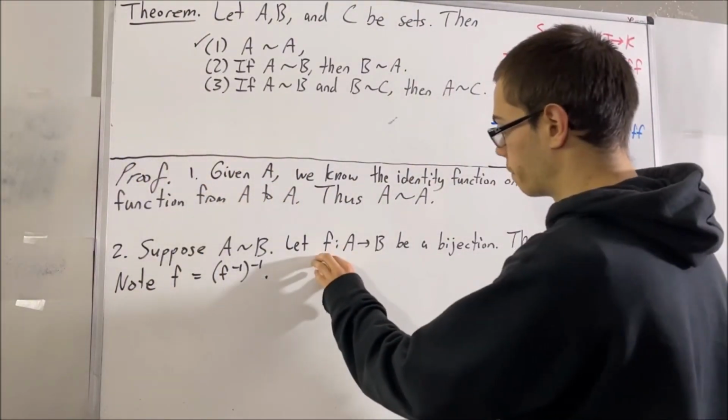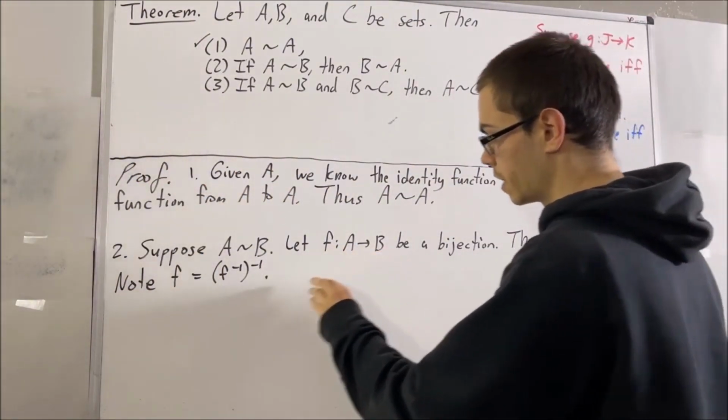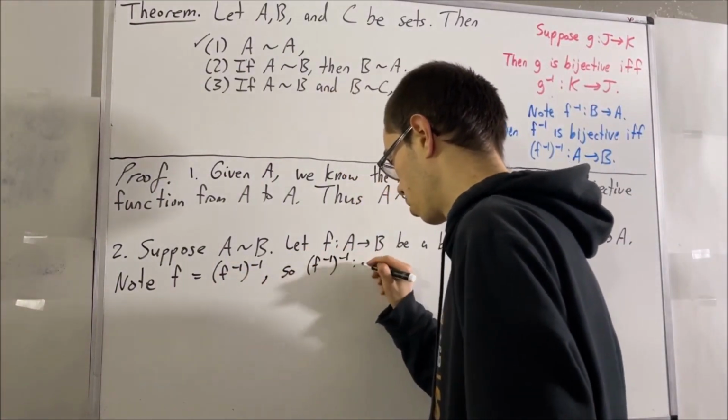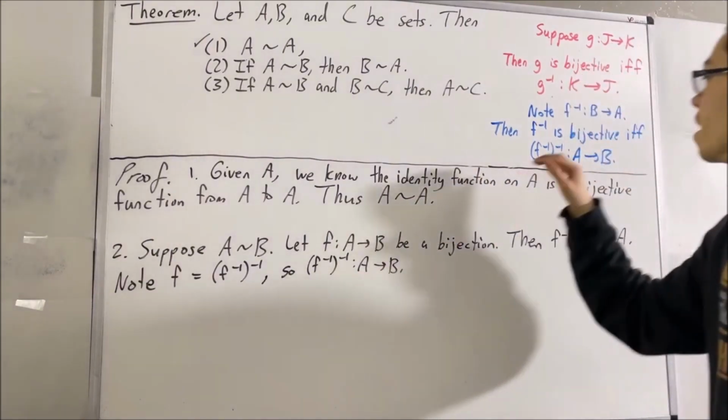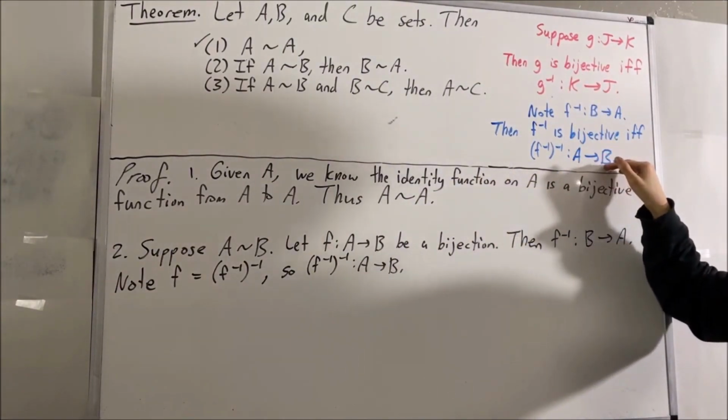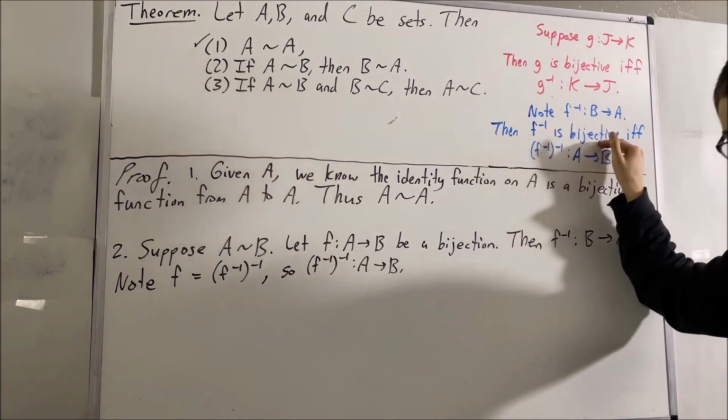So, since f is a function from A to B, we can say that it is a function from A to B. So, this means we can say that f inverse is bijective.